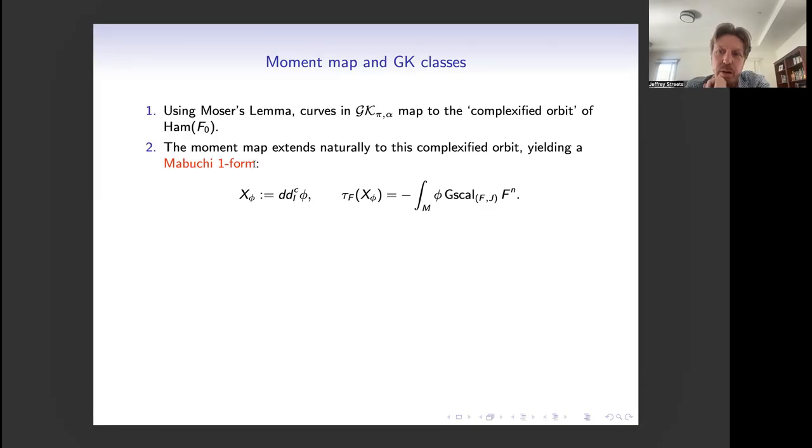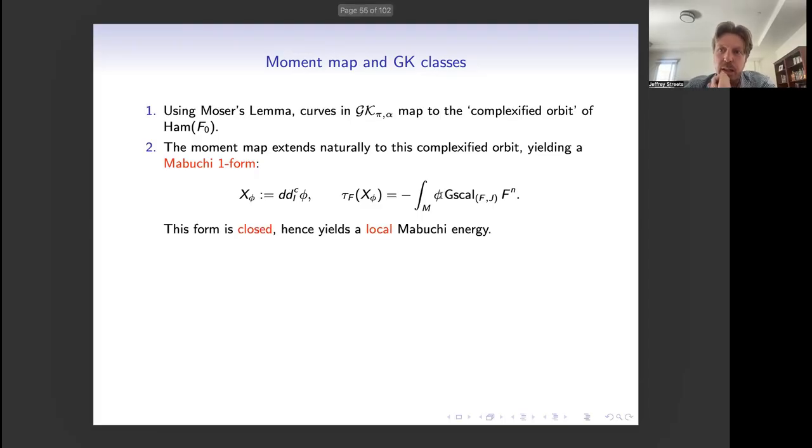And so what it gives here, at least, is the so-called Mabuchi one form. So for a function phi, you can define a canonical tangent vector on the space GK pi alpha that we call x phi. And then this one form acting on x phi is exactly the integral of phi against the generalized scalar curvature.